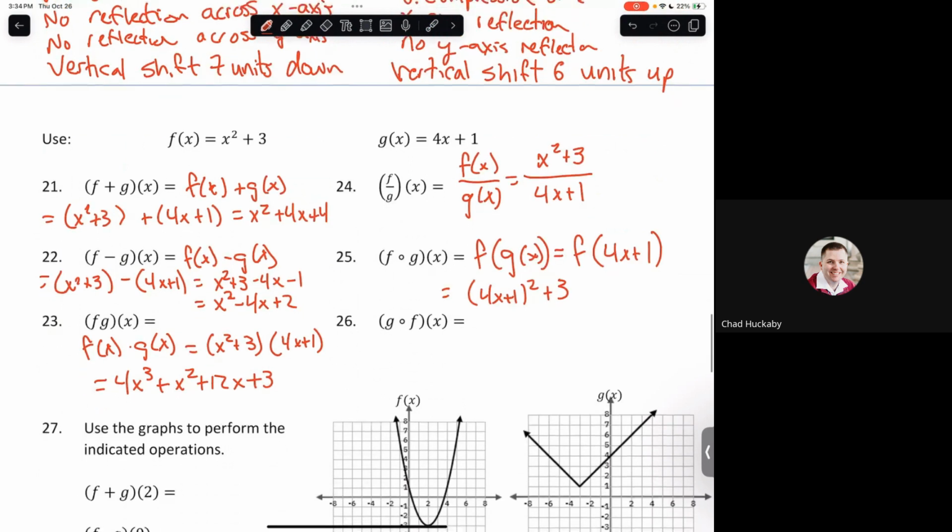Okay, when we double distribute, make this a little bit smaller.